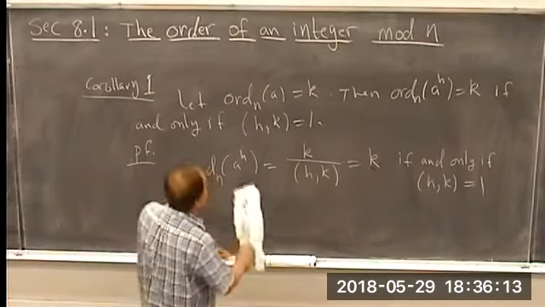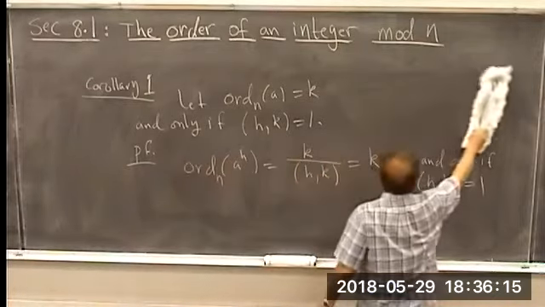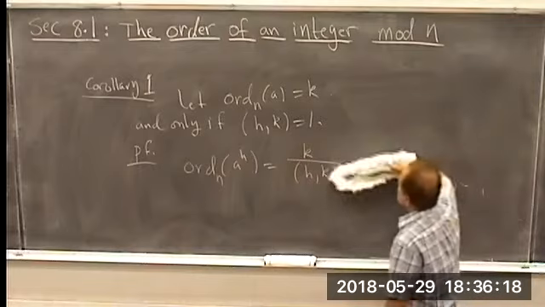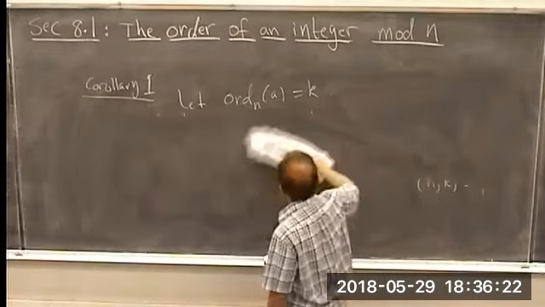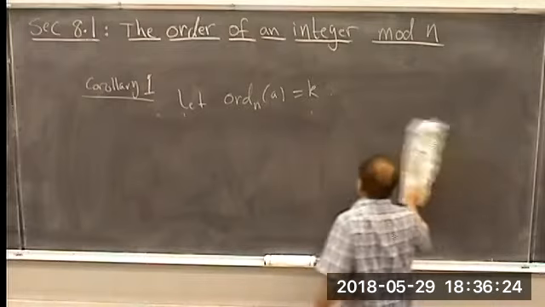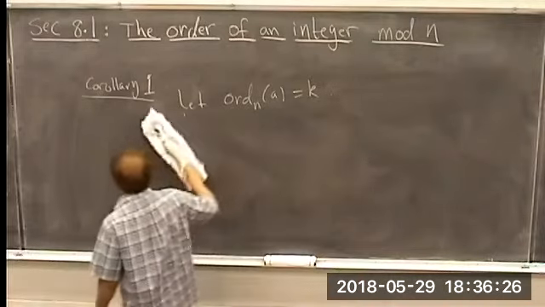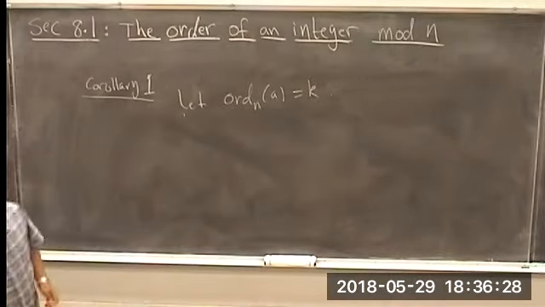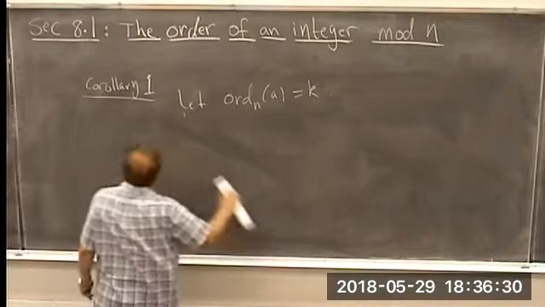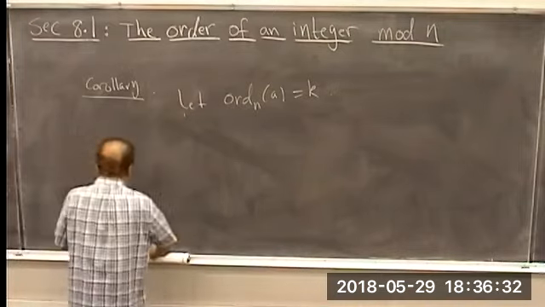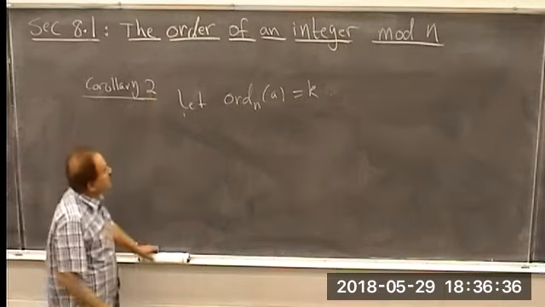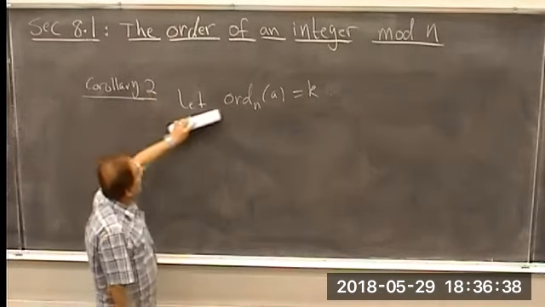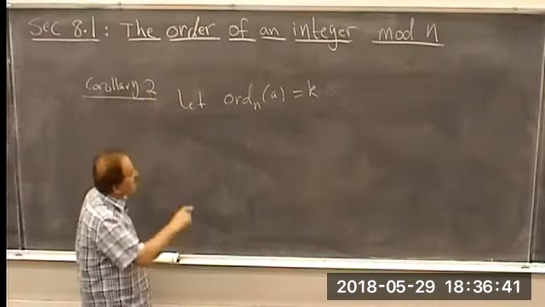Since part of it is we need the order, this is corollary 2. We're going to be referring back to this corollary later on, so just remember, actually in the next lecture.